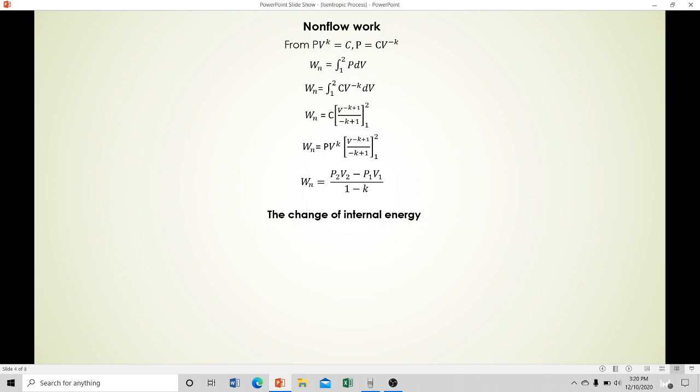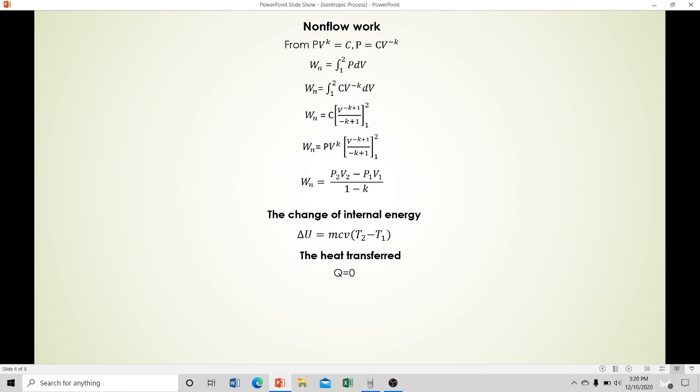And for the change of internal energy, we can say that the change of U is equal to mCv times T2 minus T1. For the heat transfer, since the definition of an isentropic process is adiabatic, which means there is no heat transfer, our Q or heat is equal to zero.